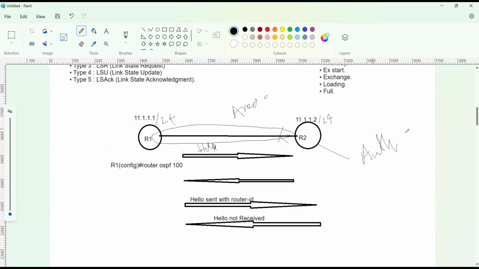If we are using password Cisco, the password Cisco must match at both ends. The router IDs should be different. If both have the same router ID, then neighborship will not form. Hello won't be sent. Everything should match, then only the routers will send and receive the information.